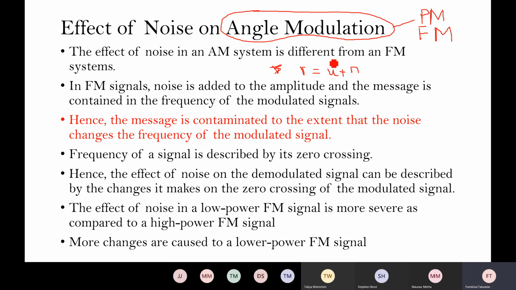Now, this is a linear addition of the transmitted signal and noise. But the modulation is embedded in the phase of U. So the noise would only affect the message if the noise contaminates the phase. So the question is, to what extent would this affect the phase of the U of T? That's really the issue with phase modulation and frequency modulation.